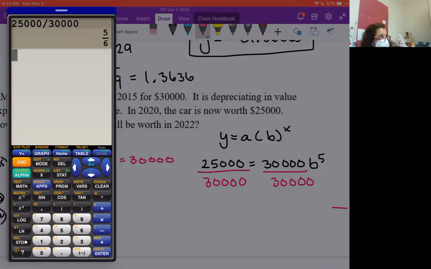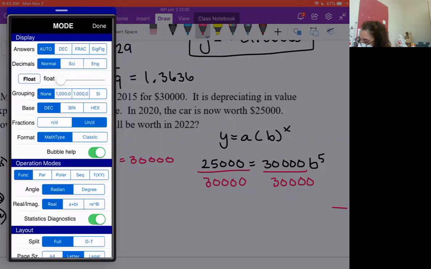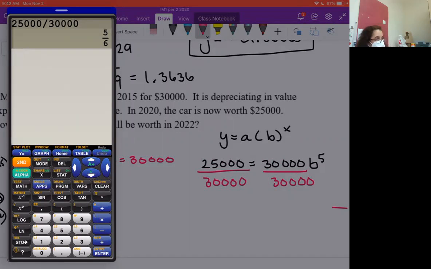Okay. Now this calculator has the tendency to always default to fractions, I think it's a setting in mode. Do I have it set? No. It doesn't say fraction, just auto. So anyway, this calculator defaults to fractions whenever possible. Nothing wrong with that. 25,000 divided by 30,000 is 5/6.